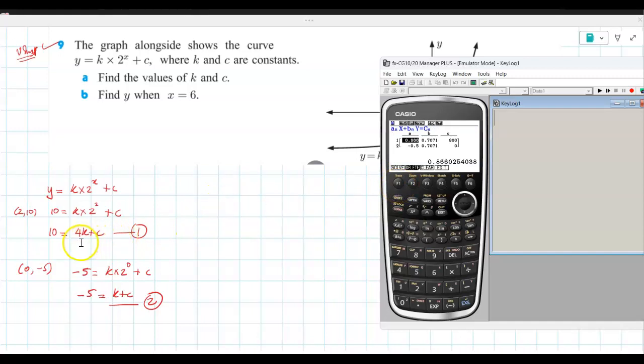Now we put in 4k plus c equals 10, so you just put the coefficients 4, 1, 10. Second equation, what will you put? 1, 1, minus 5. Be negative sometimes. Now enter again. So k is 5 and c is minus 10.